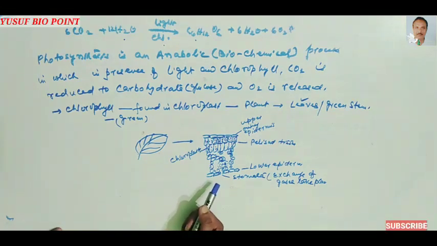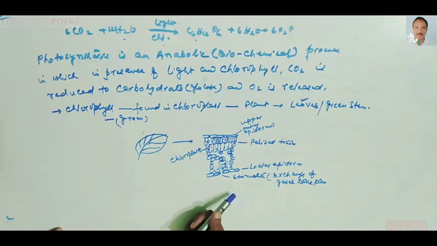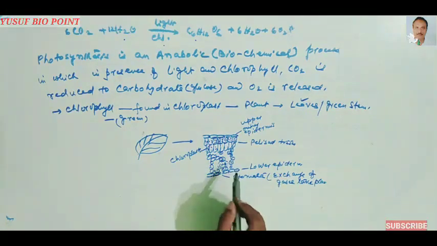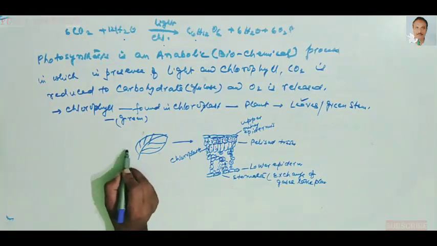When the stomata open, the gas enters or exits, and when the stomata close, no function takes place. So exchange of gases depends on the opening and closing of the stomata, which we shall discuss in the next video.